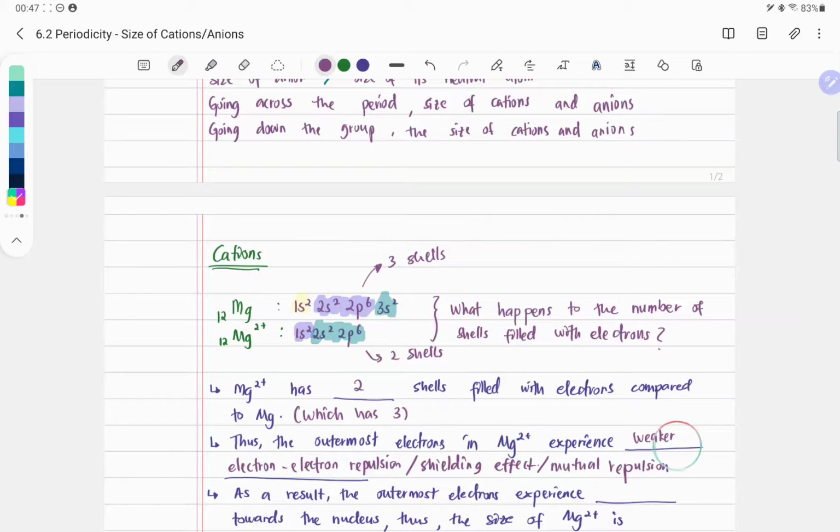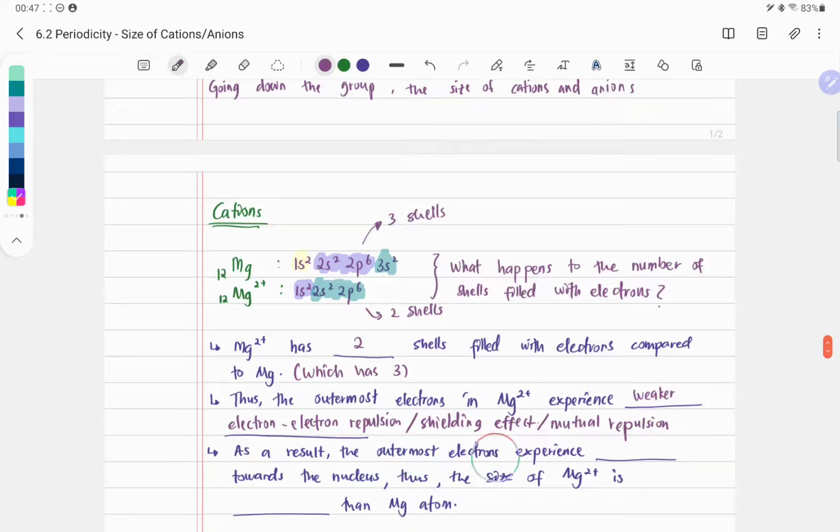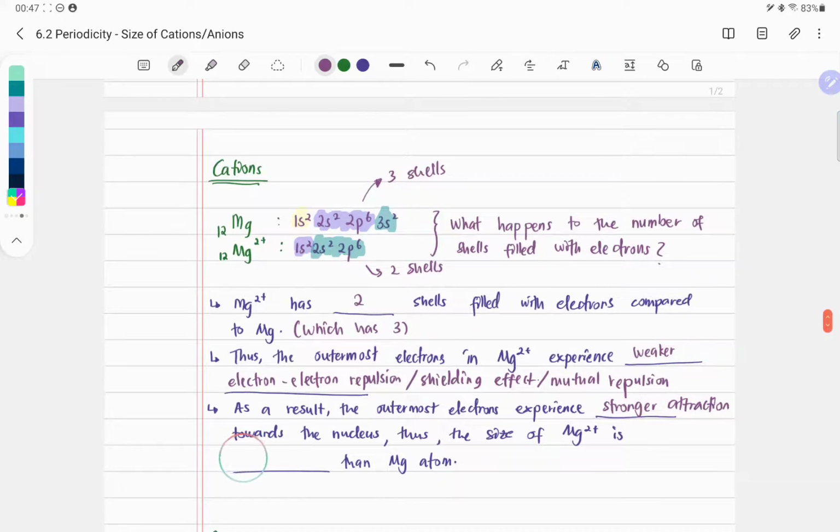Jadi sebab shell dia berkurangan, electron-electron repulsion dia pun akan berkurangan, weaker. And as a result, the outermost electrons experience stronger attraction towards the nucleus, and thus the size of Mg2+ is smaller than Mg atom.